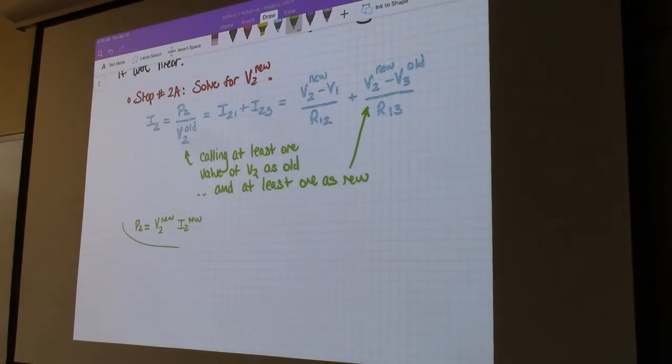You can update it each time. We're assuming the P2 is equal to the known value when we do our update, but when you actually use the new value of V2 and the new value of I2, that won't match exactly. So you'll get a new value.